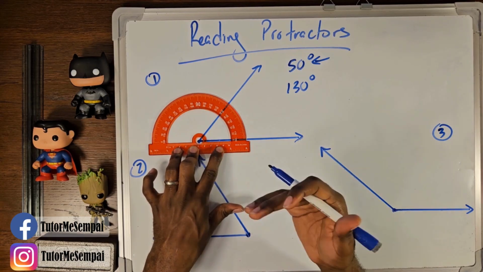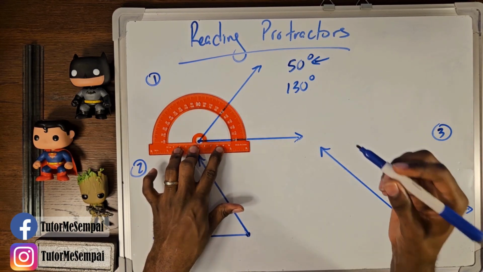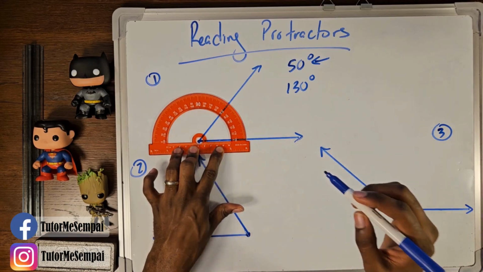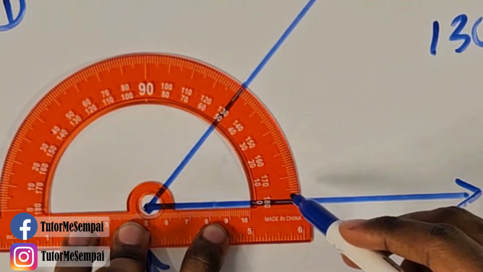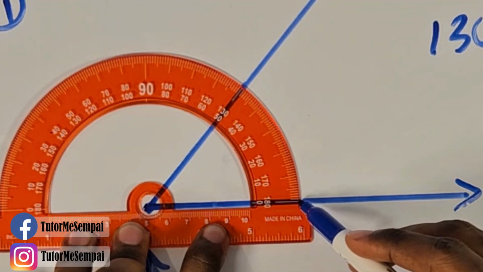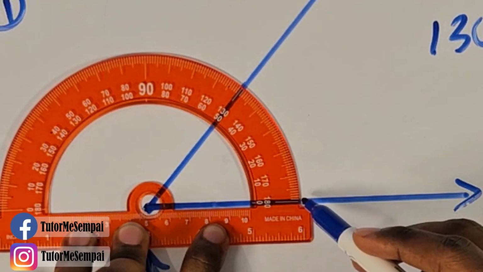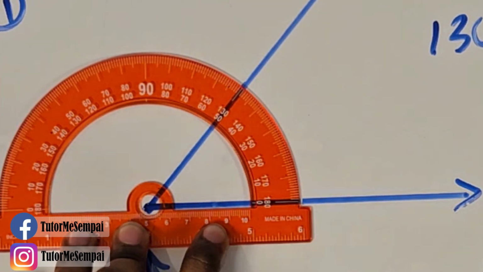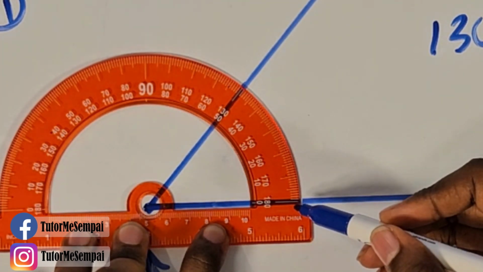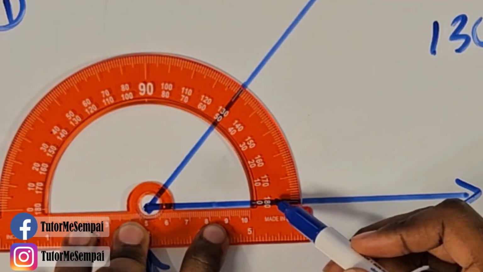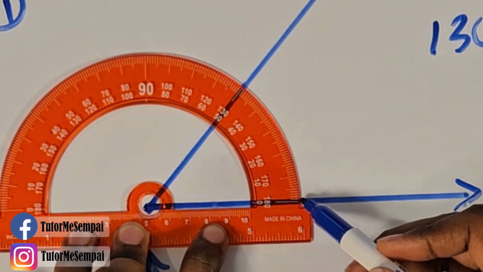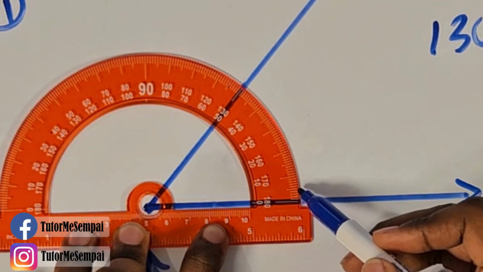The second way we can go about reading this is to realize where our angle begins. Our angle begins here, right? We're saying that it starts here. We want to count up from 0. So we start here, but we're counting up from 0. If we were to count on the outside, are we going up from 0?